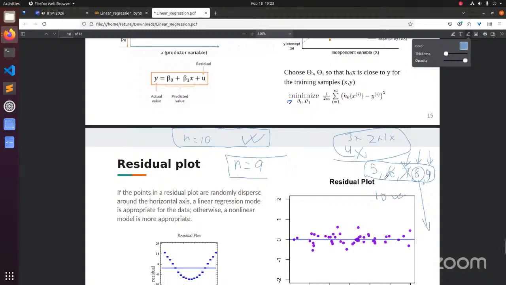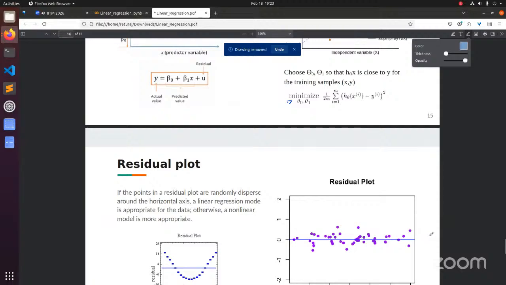If 7 does not fit, 6 and 5 will also not fit. Therefore, the answer is 8. Any polynomial of degree greater than or equal to 8 will explain the dataset properly. This is your answer, right?